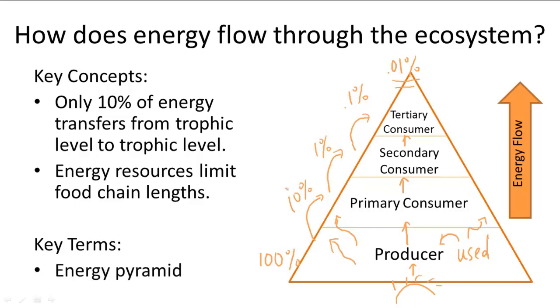So organisms in higher trophic levels compensate for the inefficient energy transfer by consuming more. So clearly tertiary consumers need to eat more than primary consumers, because primary consumers already receive 10% of the energy from producers.